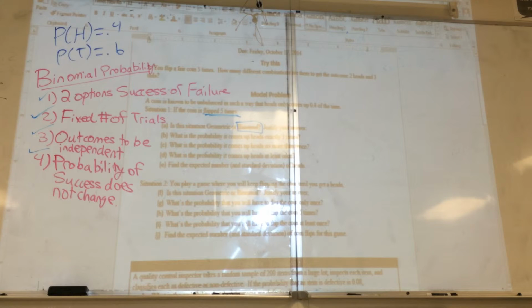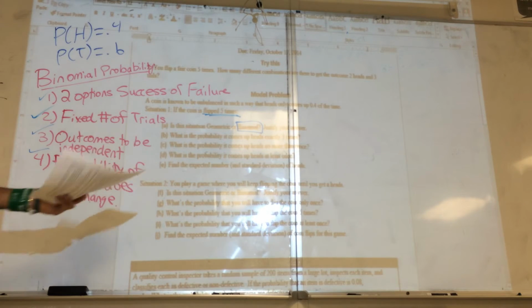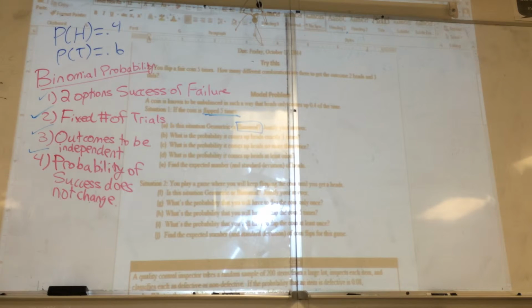So number 1 says the following. What is the probability that we have heads exactly 3 times? So I flipped 5 times. I want to know what's the probability of getting exactly 3 heads.